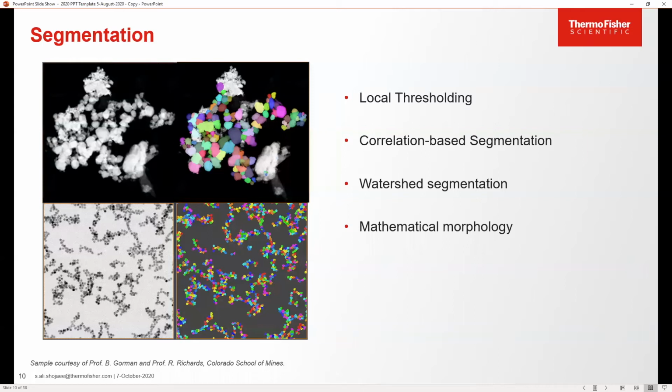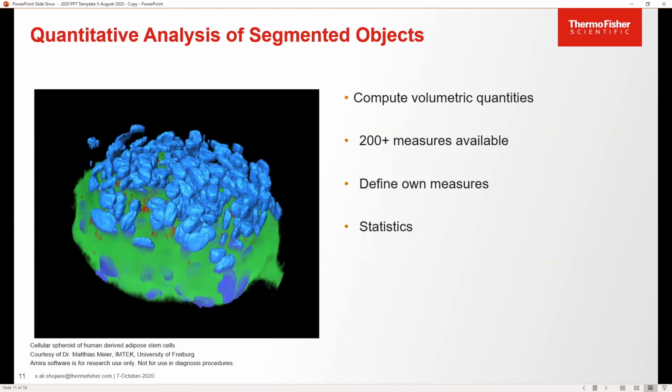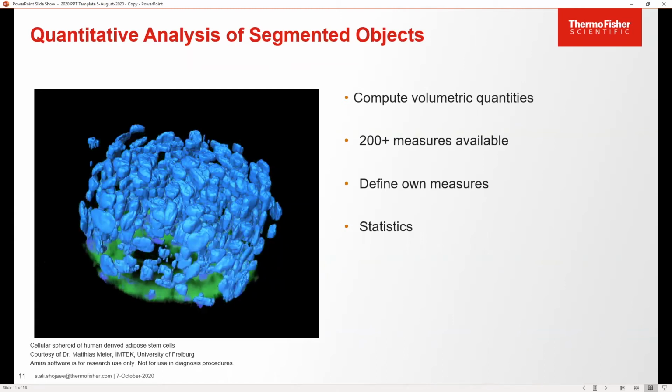But once we go through this step, once we define the different regions that we have in our image, quantification of the image is where Avizo and Amira are going to be really, really powerful.